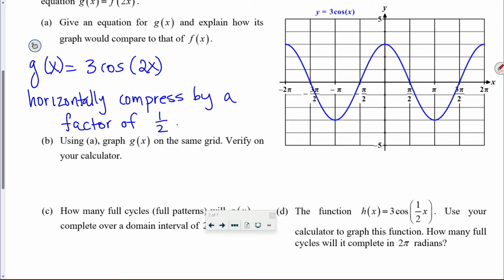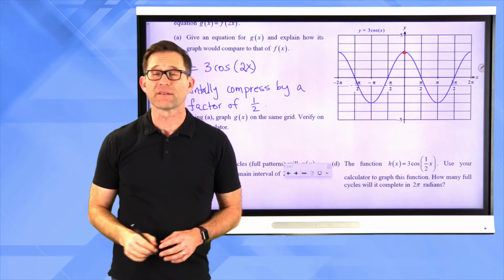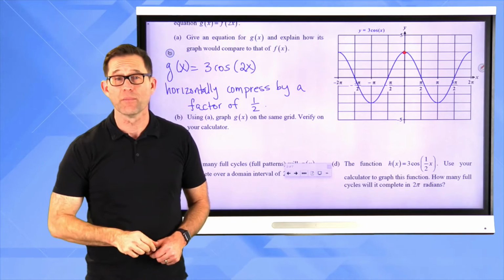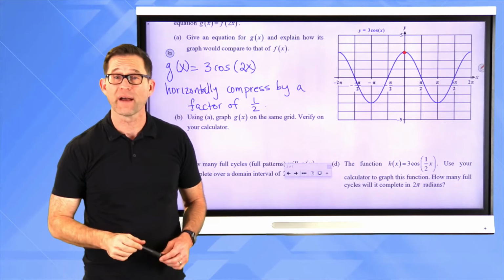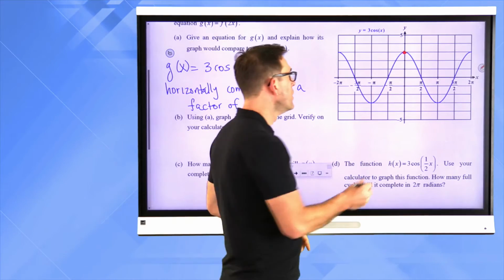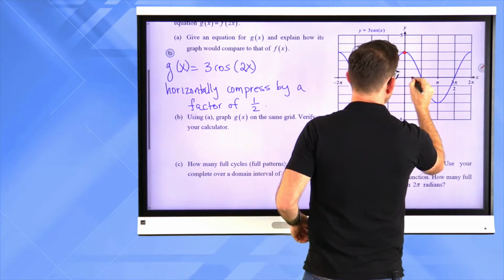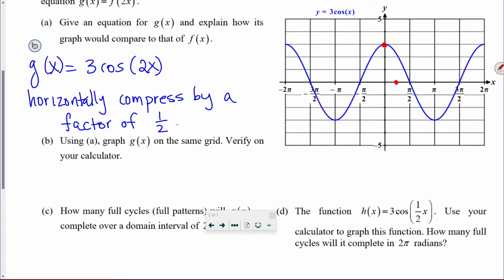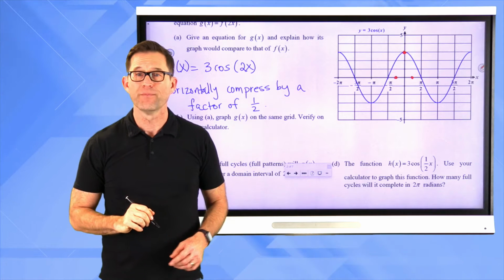This particular point is 0 units away from the y-axis, so it will continue to be 0 units away. On the other hand, where we're at pi over 2, we now want that point to come over to pi over 4, and this one at negative pi over 2 would be at negative pi over 4.